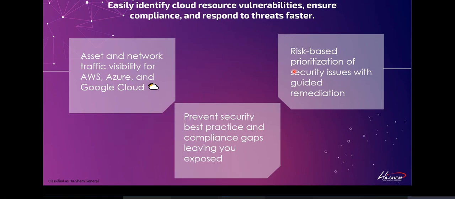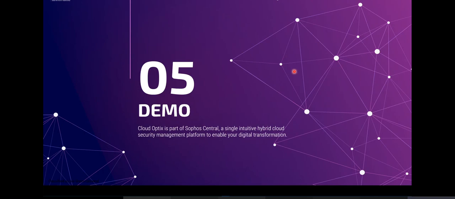So that's it for Sophos Cloud Optix, and that's an explanation. But when we go into the demo, because I have a full environment to show you, that's going to put everything into perspective for us.